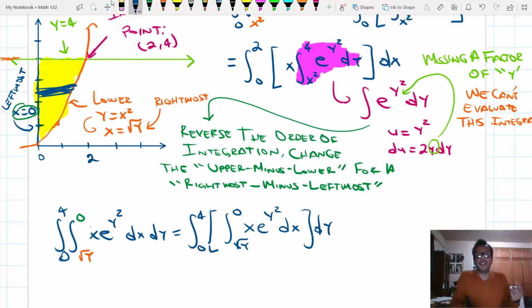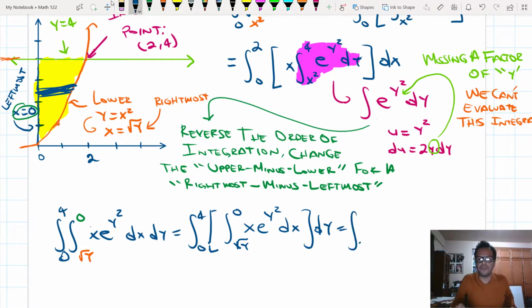So now let's look at the integrand right here, x e to the y squared dx. Now in this case we're integrating with respect to x, so the factor e to the y squared, which doesn't depend on x, I'm going to write outside of the integral.